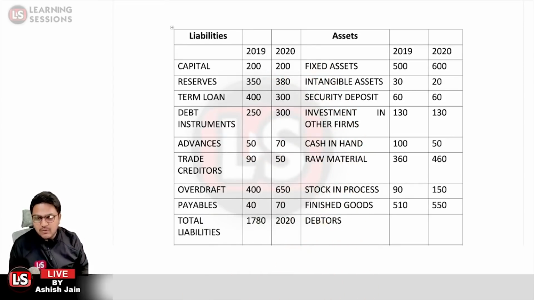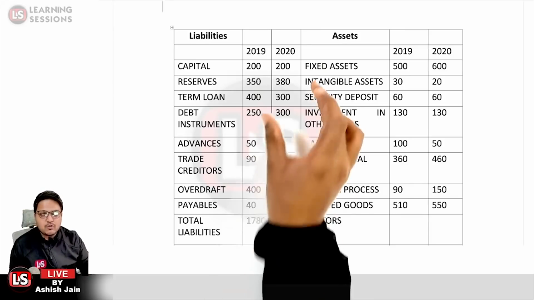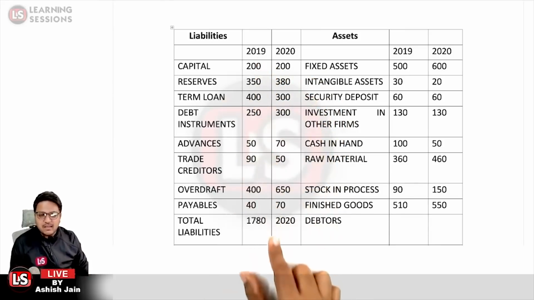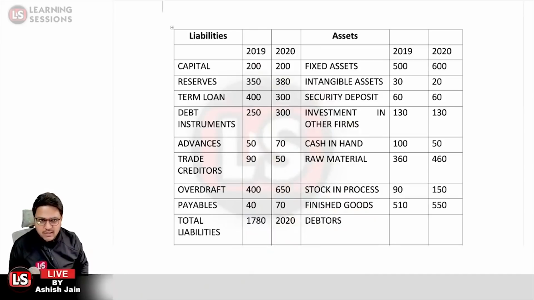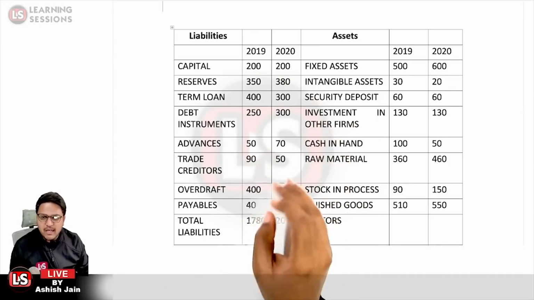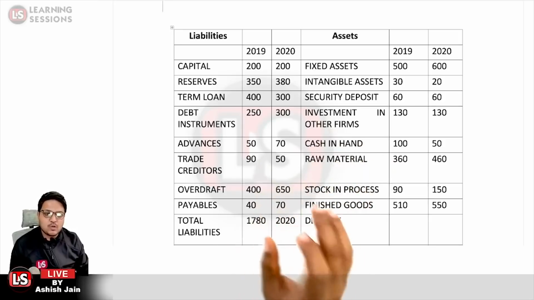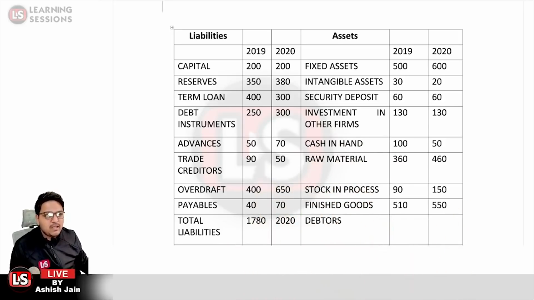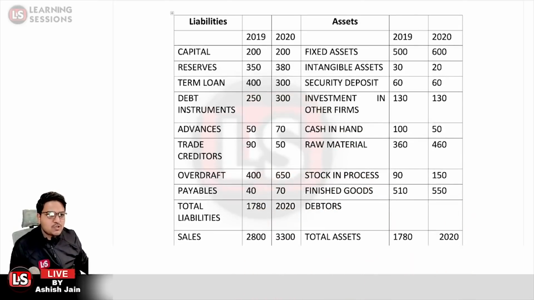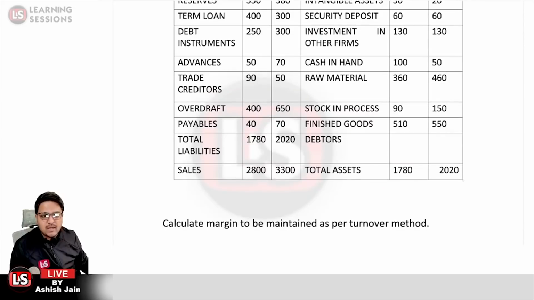That is, 2019 is the previous financial year, and 2020 is the projected financial year. So we are provided with the total assets and total liabilities, and further we need to calculate accordingly. In the first question, we need to calculate the margin that is to be maintained as per the turnover method.